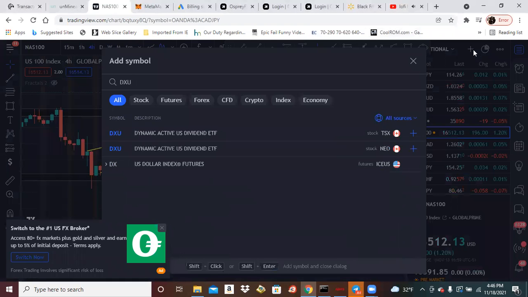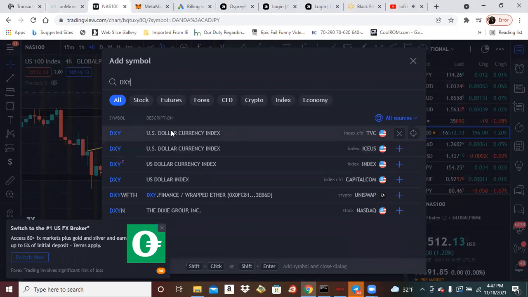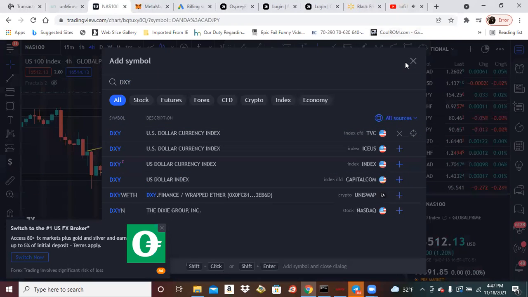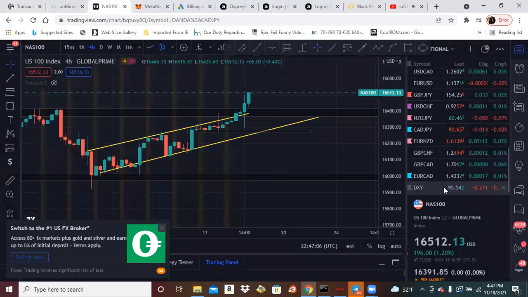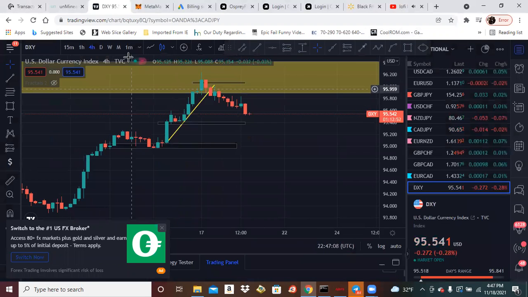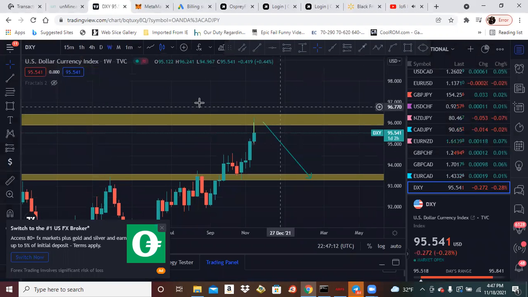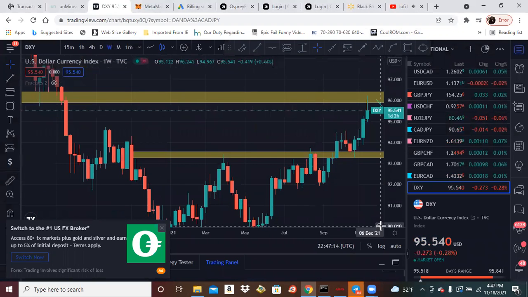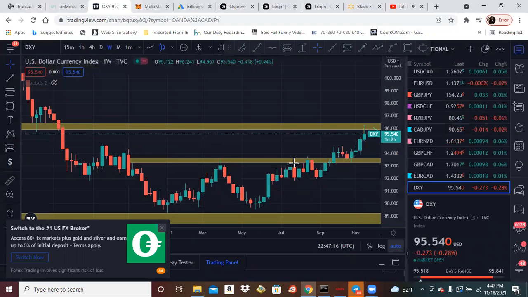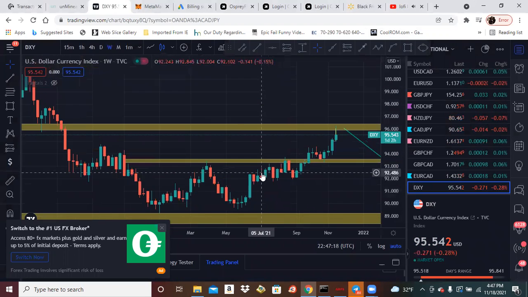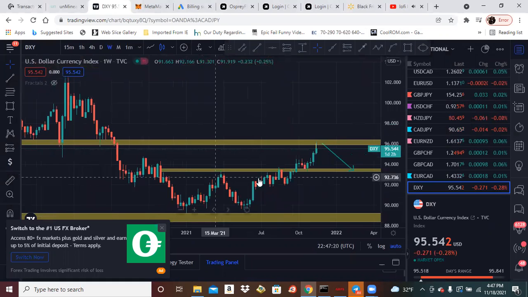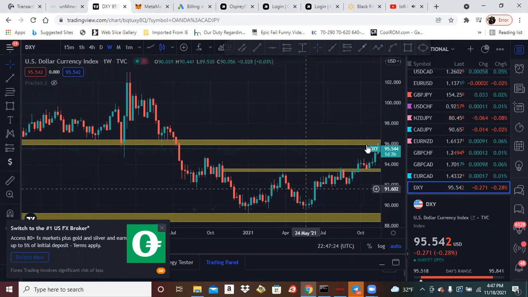So on the DXY, what we did in class is this. All right, so this is weekly. We had a break, I mean a rejection, I'm sorry. We had a nice W that formed a while back, and it broke the W, but it came back to this retest area, as you can see.